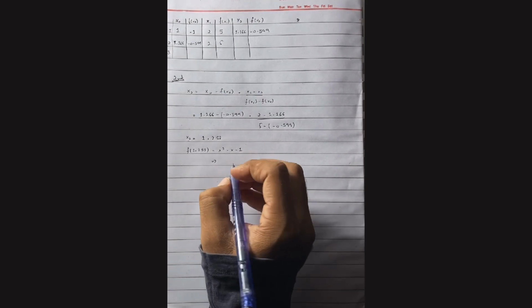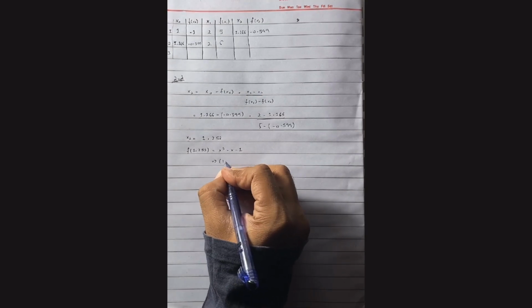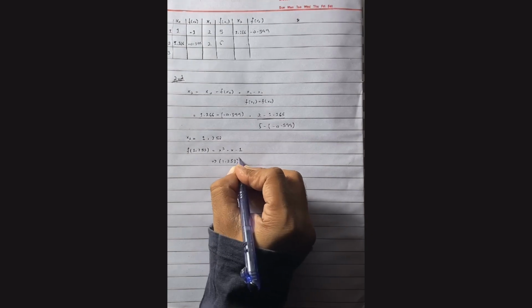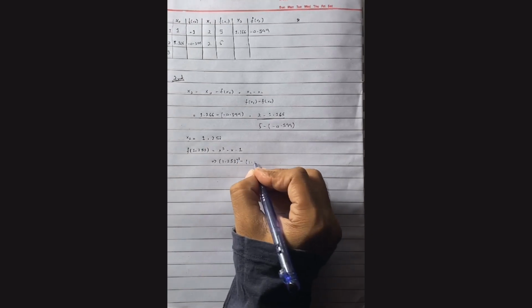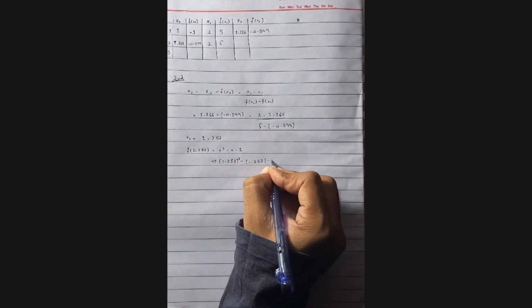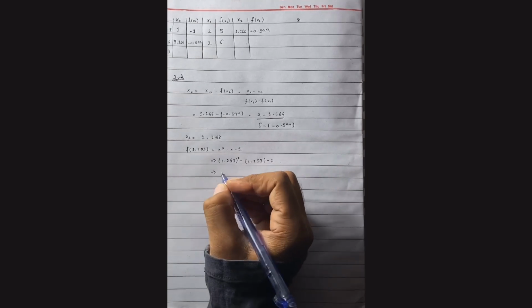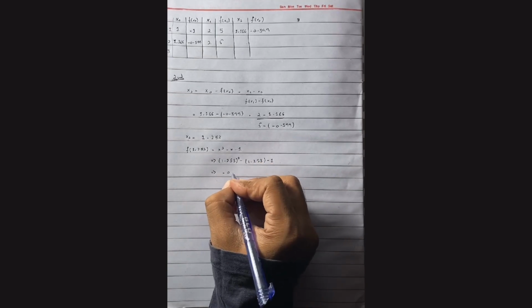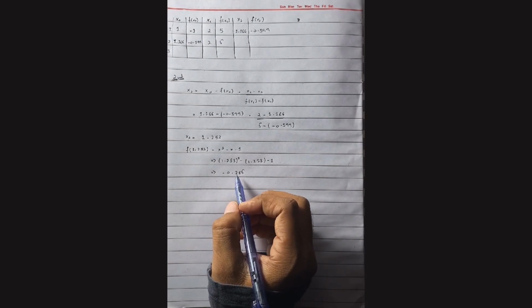So 1.253 cubed minus 1.253 minus 1. The output will be minus 0.285. This is our f of x2 now.